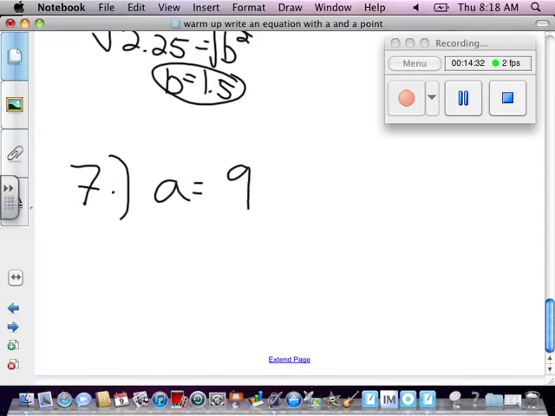The number next to the lowest number is always A. It always crosses which axis? Y. Okay? When x is 0, you can find your A every single time. So we have 0, 9. We know that. All right, what point do we want to pick? We can pick any of these. There are easier ones to pick. Which points do you want? 1, 3.